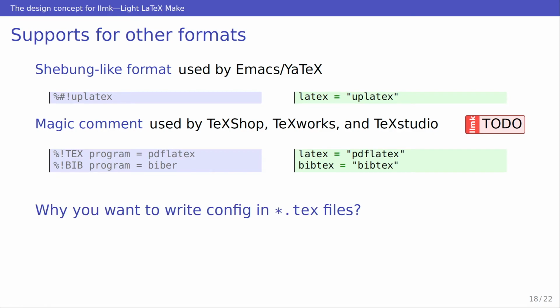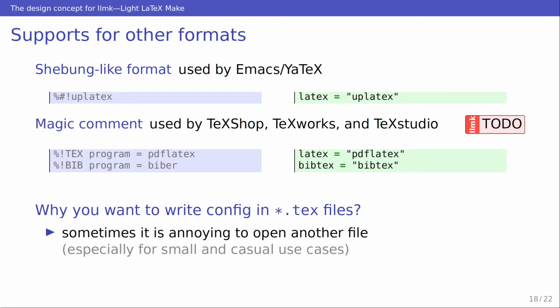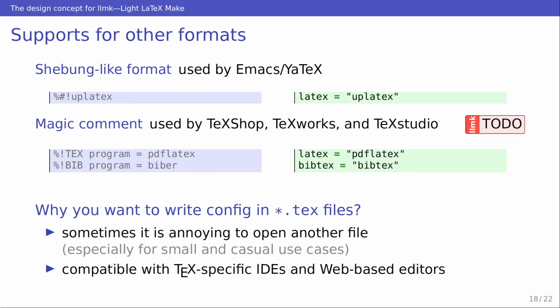By the way, why do you want to write configuration in TeX files in the first place? That is simply because sometimes it is annoying to open another file from a TeX file, especially for small and casual use cases. And in my opinion, it would be compatible with TeX-specific IDEs and web-based editors.